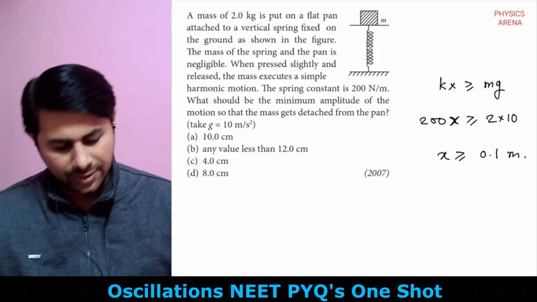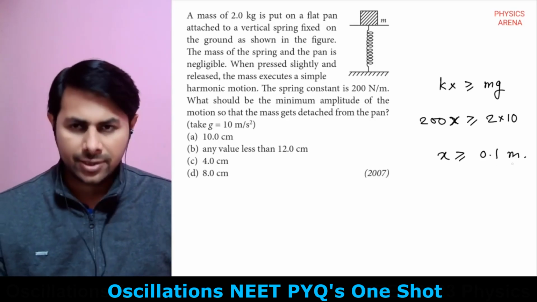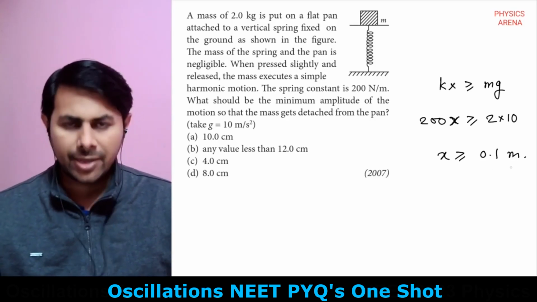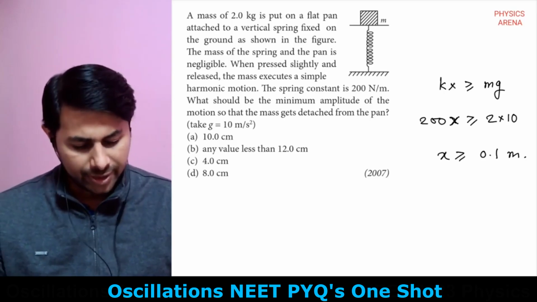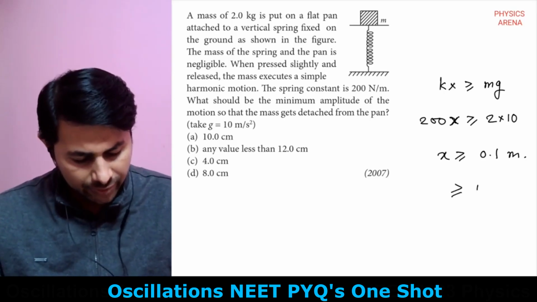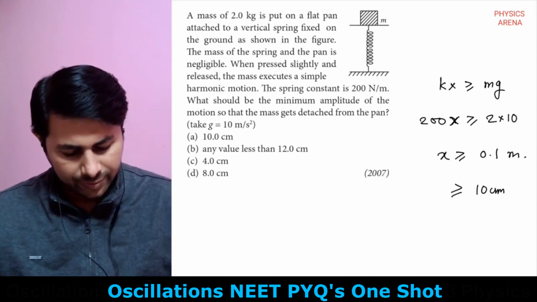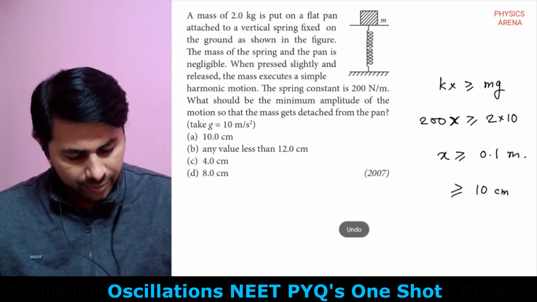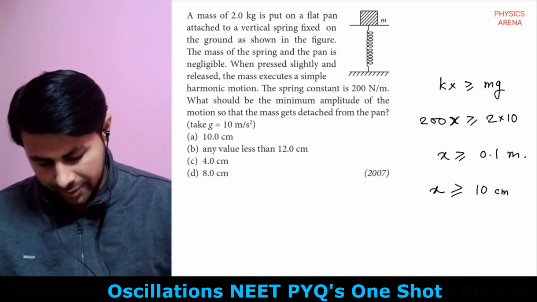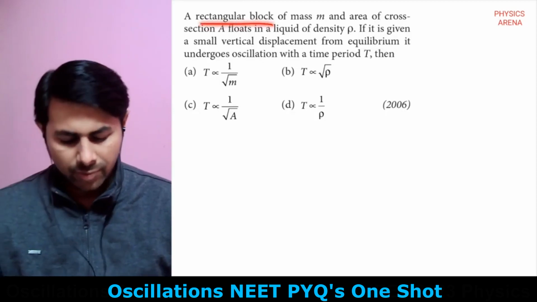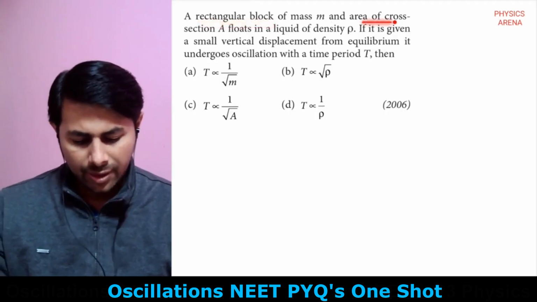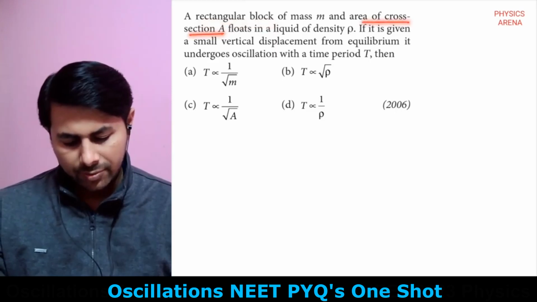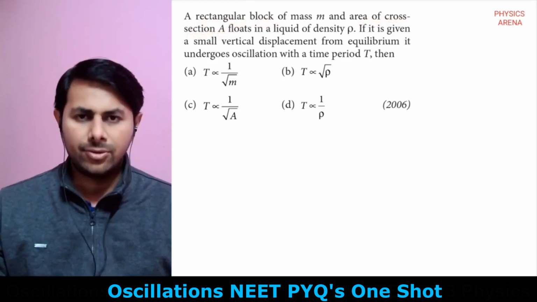Options are in centimeters, so you can convert this to centimeters. 0.1 multiplied by 100 is greater than or equal to 10 centimeters. Right? Option A.